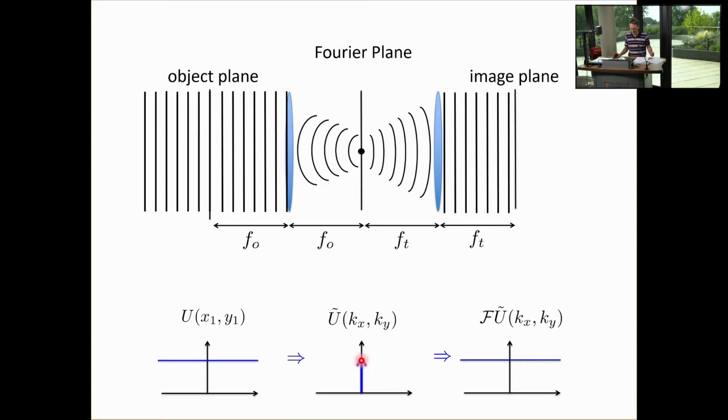The spectrum is a delta function, so the Fourier transform is, so it's U tilde to denote it's a Fourier transform of this field distribution here, and it now is in frequency components kx, ky. It really has only got one DC component at kx and ky equals 0.